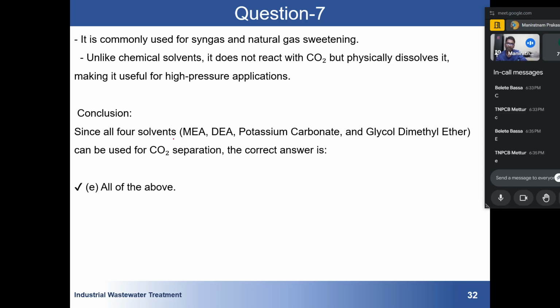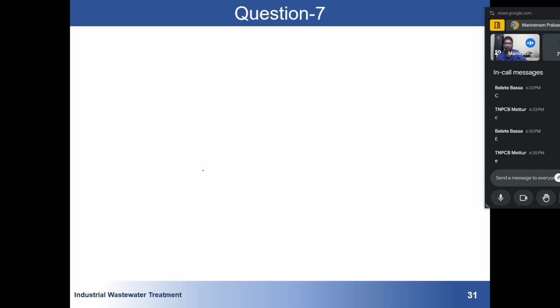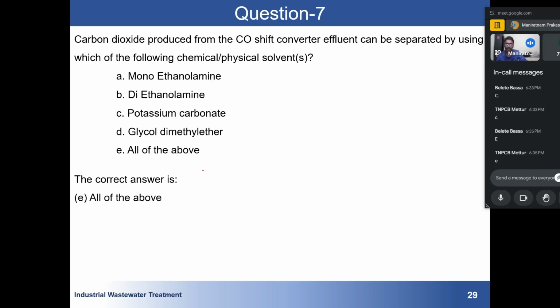So these were some of the methods by which CO2 is absorbed or separated. So the correct answer was E, that is all of the above. If you want to know more about these options, you can always go to your video lecture, where this has been discussed in a very detailed manner.